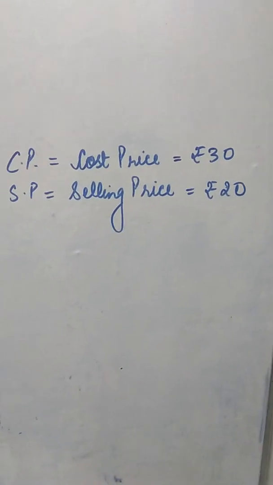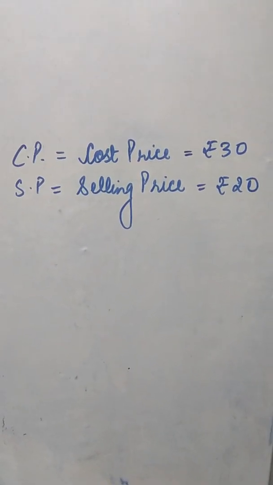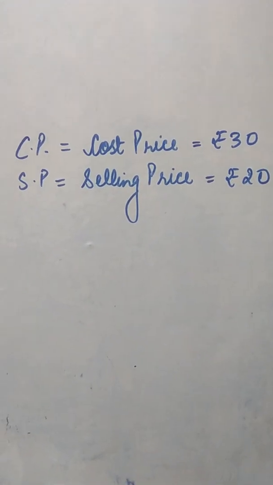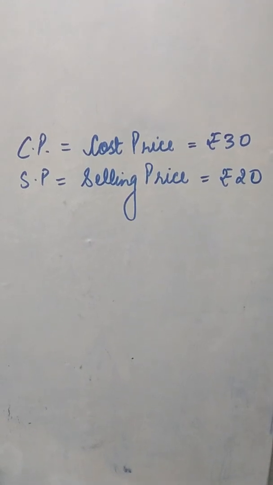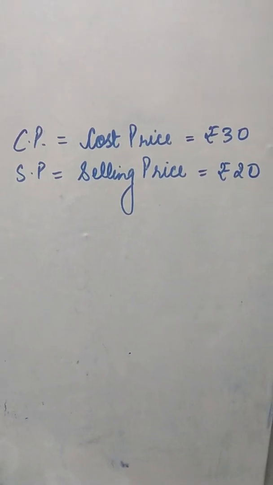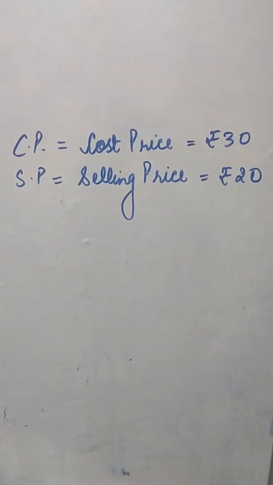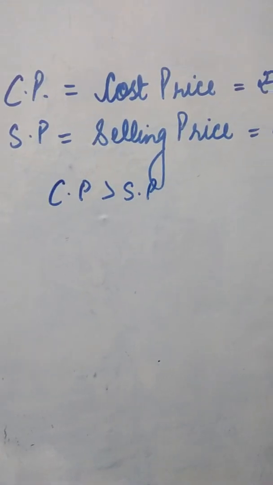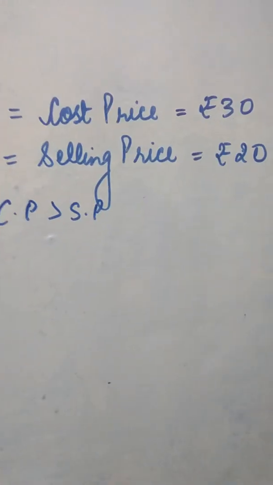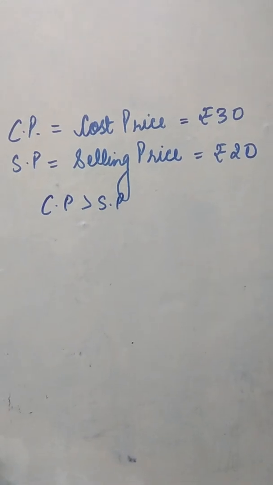In this case, the CP is rupees 30 because John bought the ruler for rupees 30 and he sold it to Paul for rupees 20. So the selling price here is rupees 20. In this case, we can observe that the CP is greater than SP.